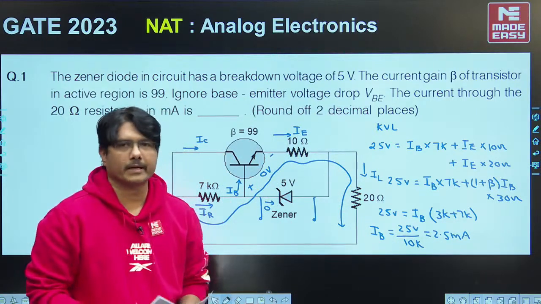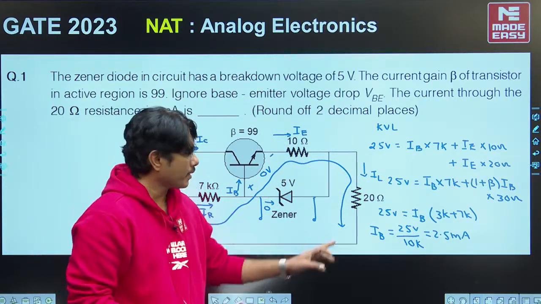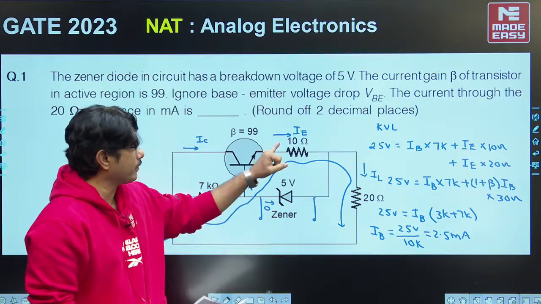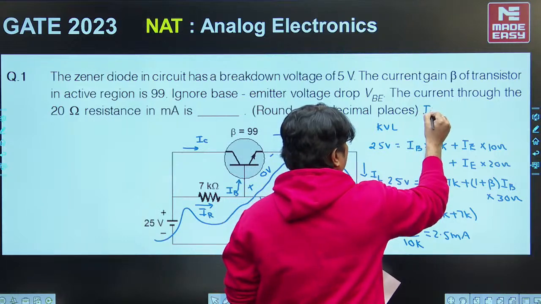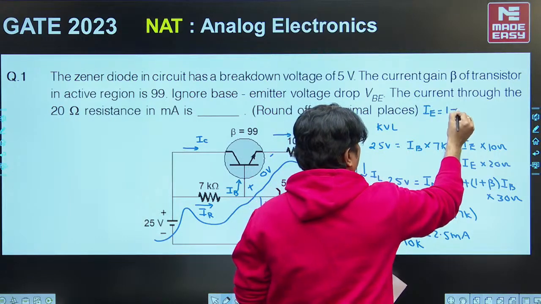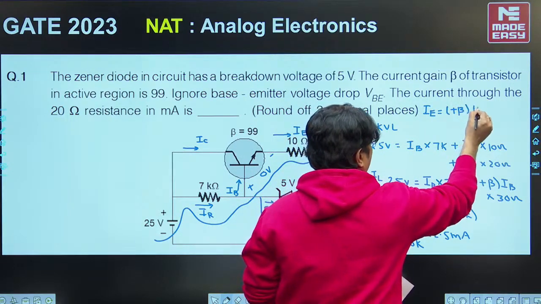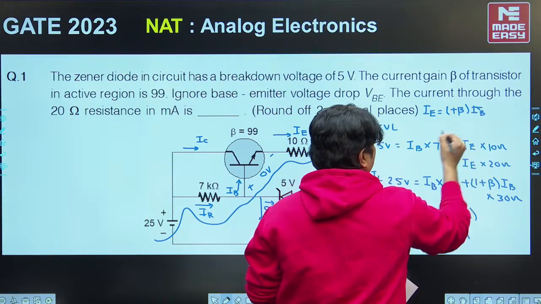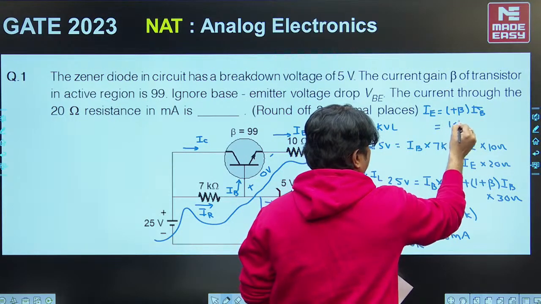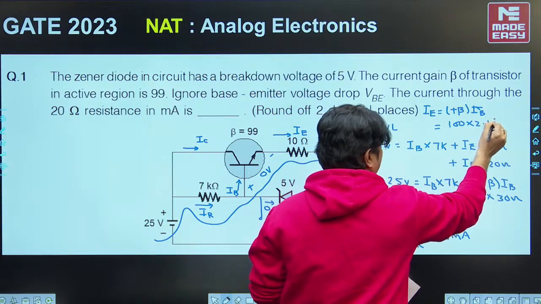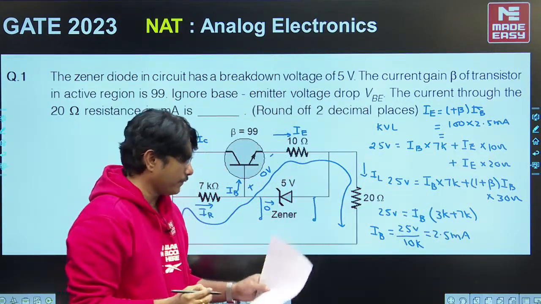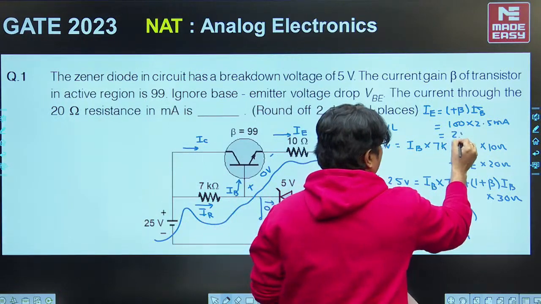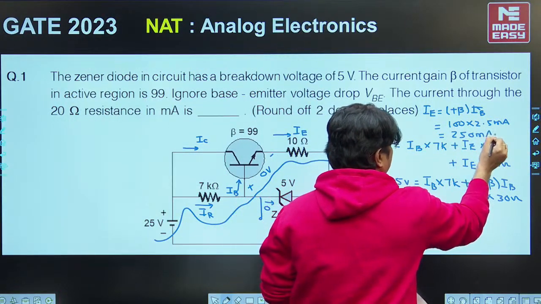So IB we are expecting 2.5 milliamperes. As IB is found, we can find the IE current here. IE is equal to 1 plus beta times IB, which is 100 into 2.5 milliamperes, which is around 250 milliamperes.